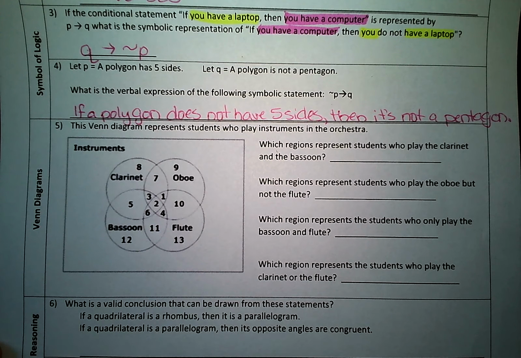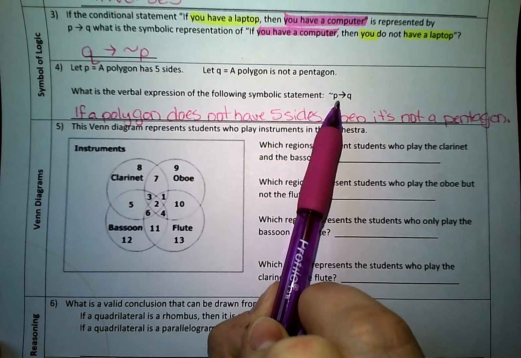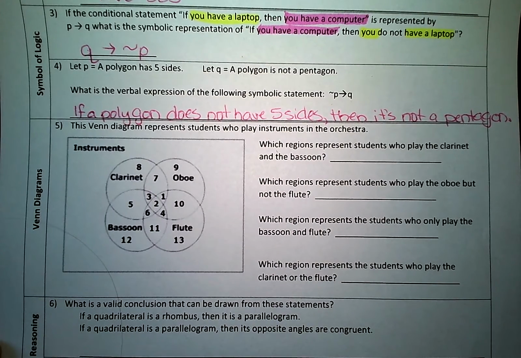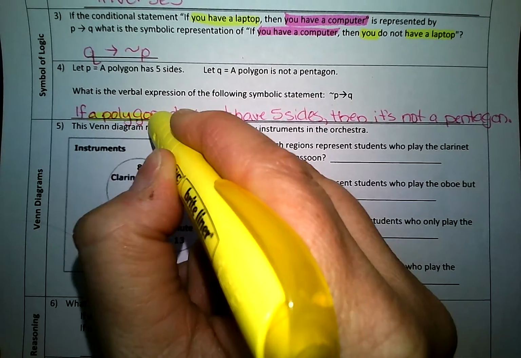Okay, let's see what I've come up with. The original statement, or the original P, was a polygon has 5 sides. This asks me to negate that statement. Here's the original P statement, a polygon has 5 sides.